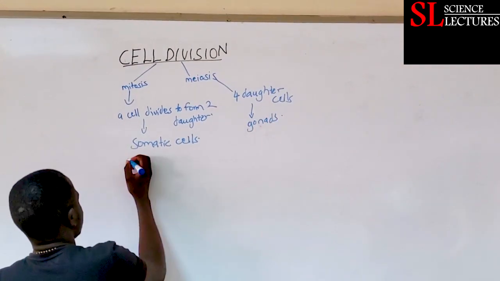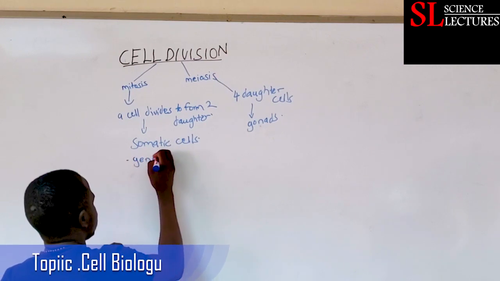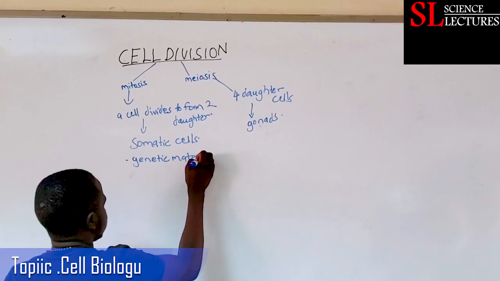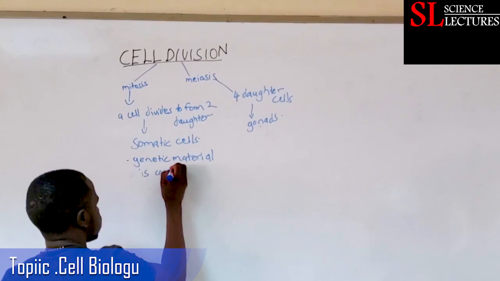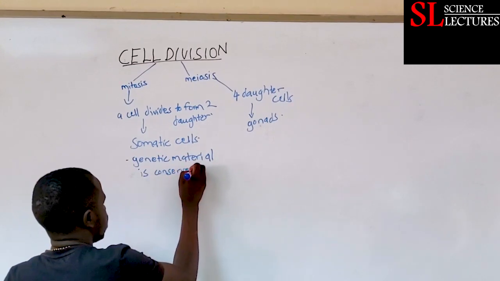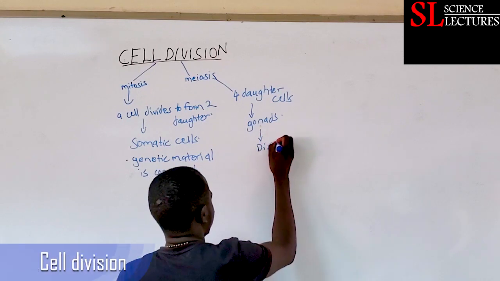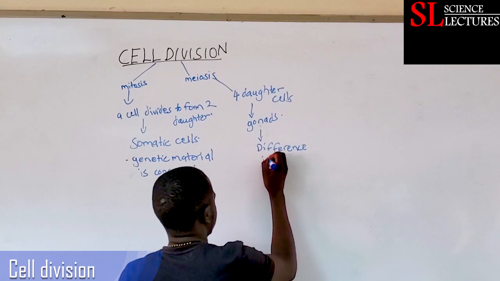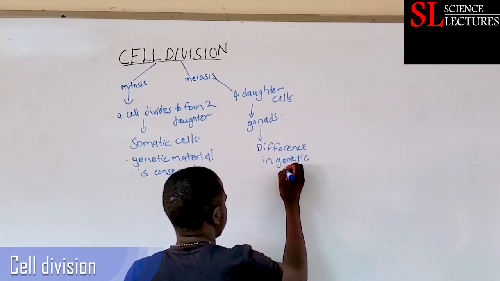So in mitosis, the genetic material is conserved. In meiosis, there is a difference in genetic material.